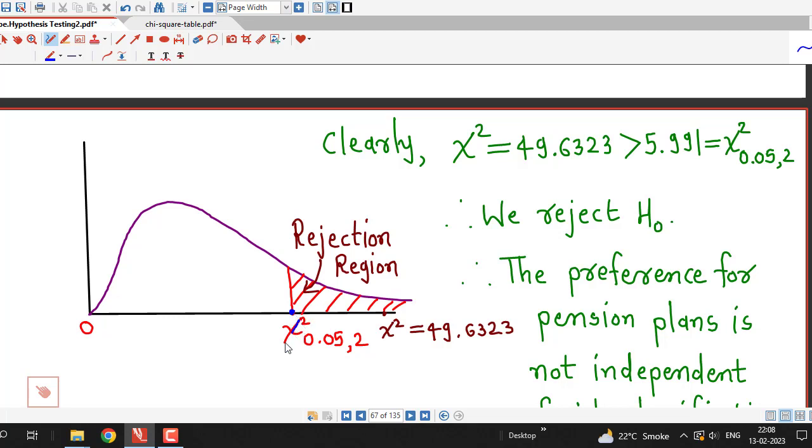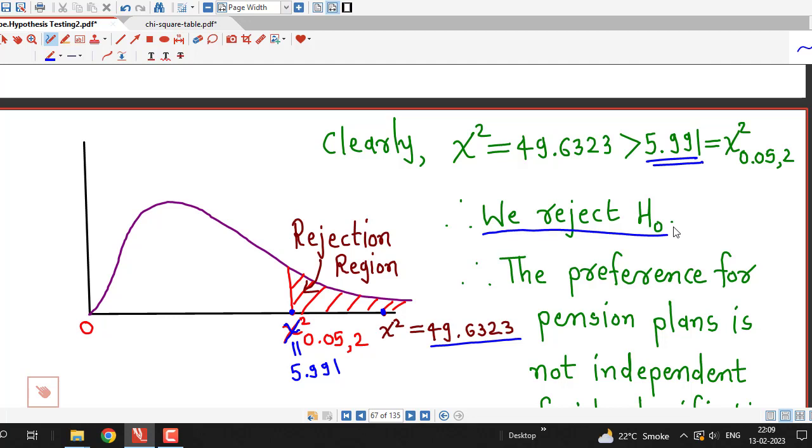This point is chi-square 0.05 with 2 degrees of freedom, and we find that this is nothing but 5.991 using the chi-square table, and the calculated value of the test statistic is 49.6323, which is obviously greater than this chi-square critical value. Therefore we are in the rejection region, and therefore we reject the null hypothesis.